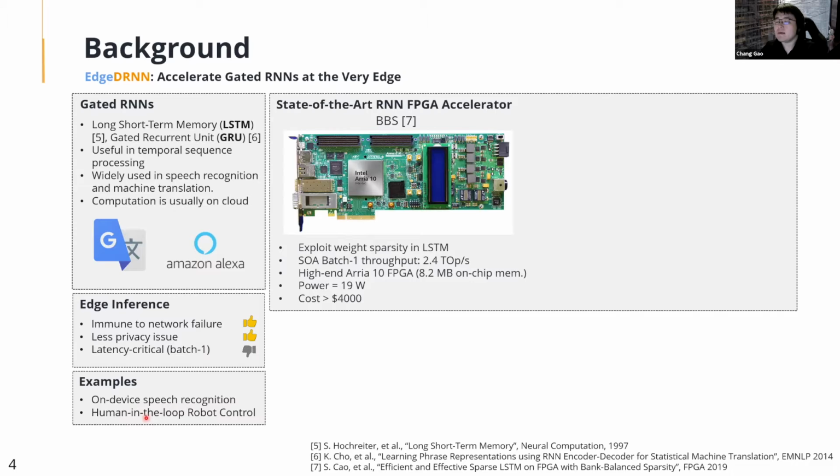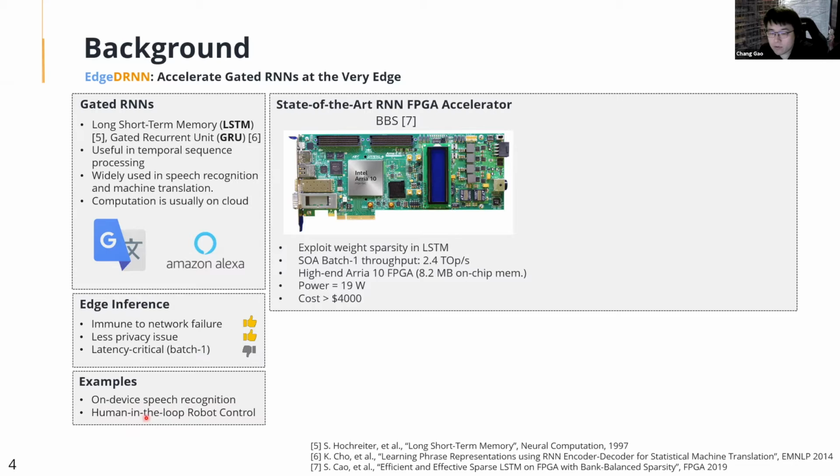There are already a lot of state-of-the-art RNN FPGA accelerators. One of them is called BBS. For those of you who are not familiar with FPGA, it's called Field Programmable Gate Array. Basically, it's a chip that is full of reconfigurable logic and macro cells like digital signal processing blocks.